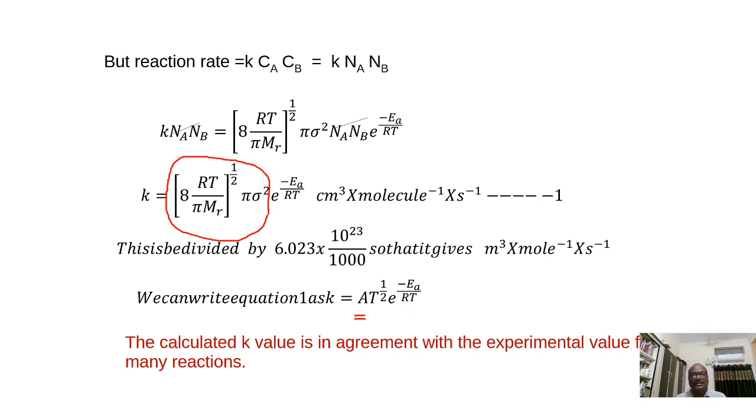So k is equal to A T^(1/2) e^(−Ea/RT). The value of k calculated from this equation is in agreement with experimental values in many reactions. Collision theory of reaction rate successfully explained the reaction rates of bimolecular reactions that take place in the gaseous state. So finally k is equal to A T^(1/2) e^(−Ea/RT).